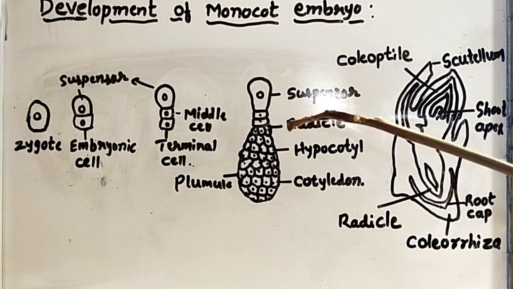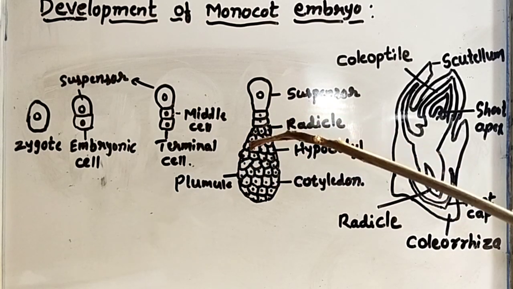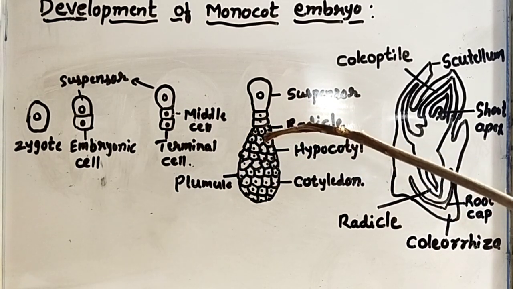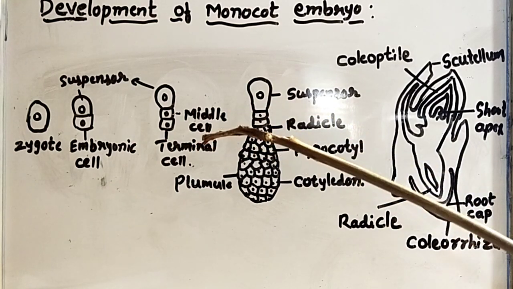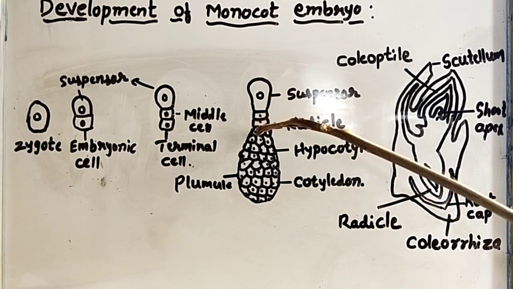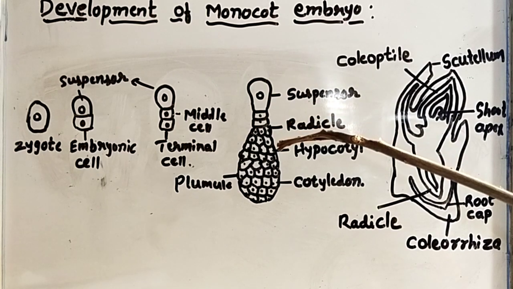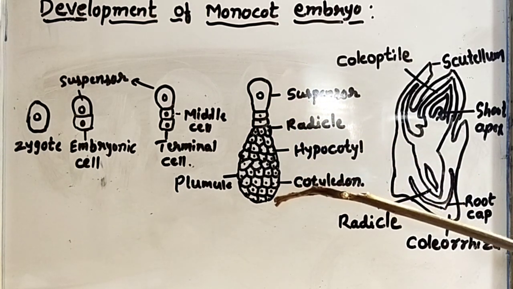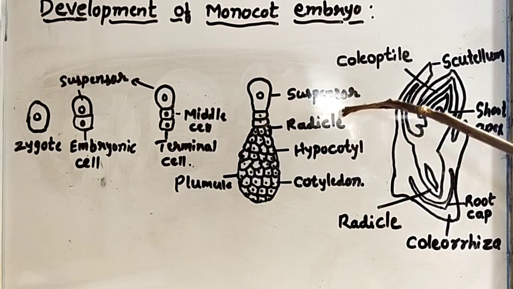It forms the globular embryo, because it looks like a globe, so it is known as globular embryo. Here you can see the presence of different parts, that is plumule, cotyledon, hypocotyl and radicle.